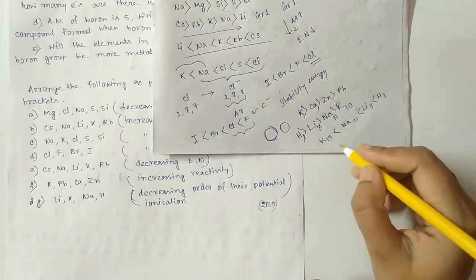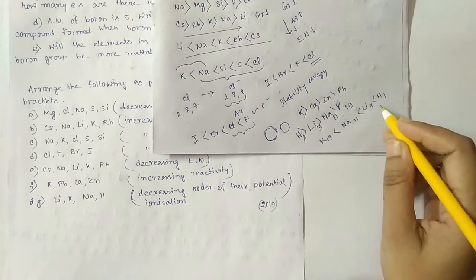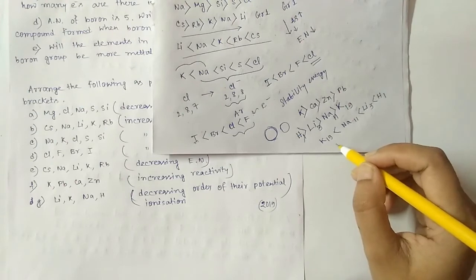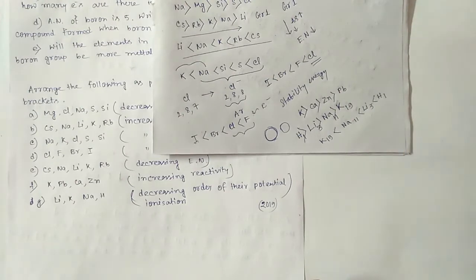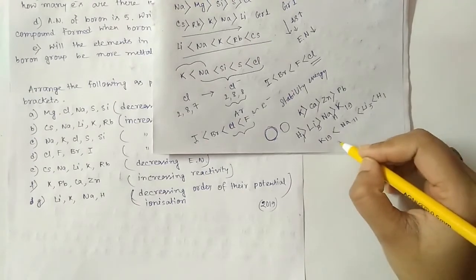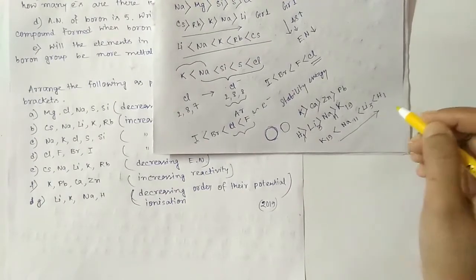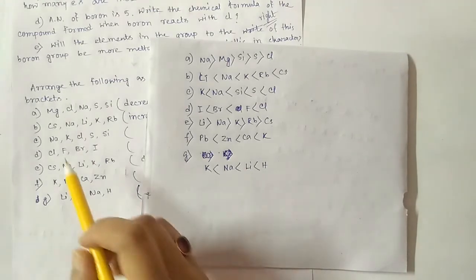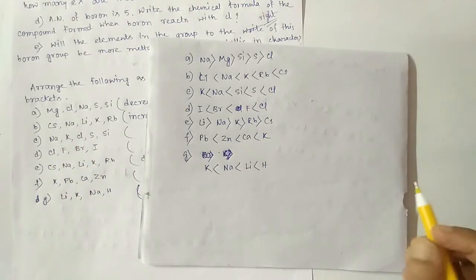So the ionization potential is gradually increasing from hydrogen to potassium. This is the final answer for all the questions A, B, C, D, E, F, G.